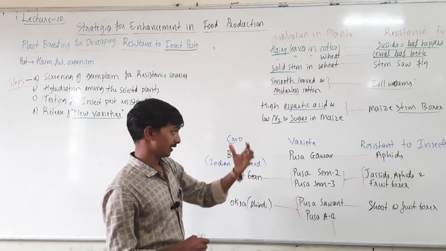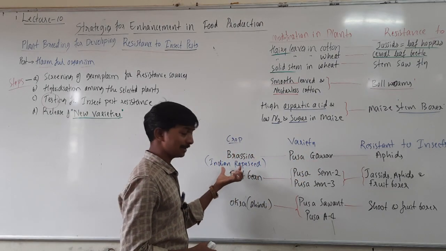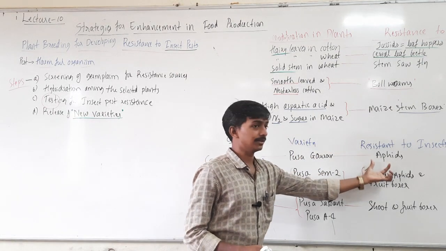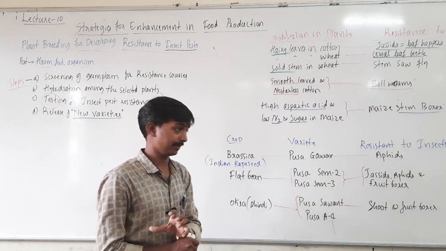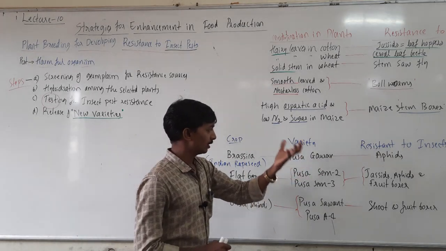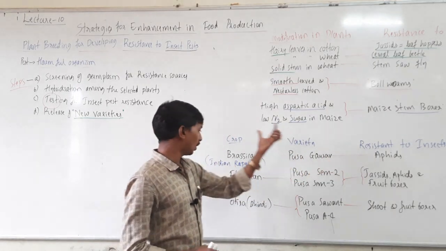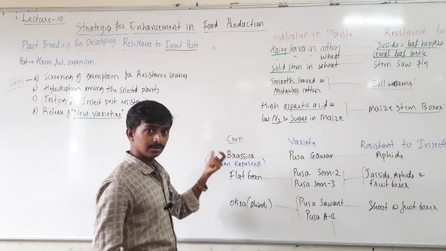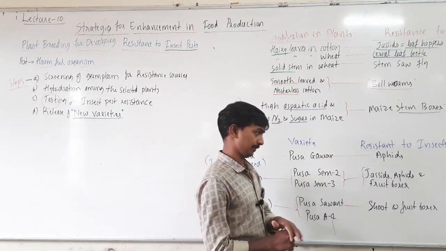Remember, this variety of this crop is resistant to this insect. You should read it like this: Pusa Gaurav variety of Brassica is resistant to aphids.